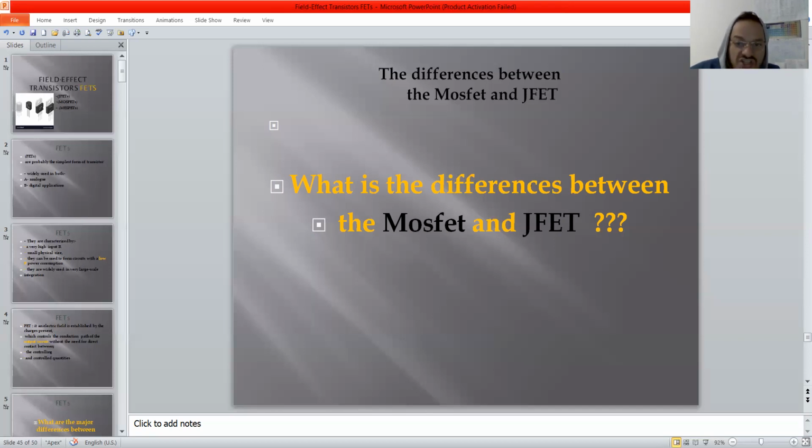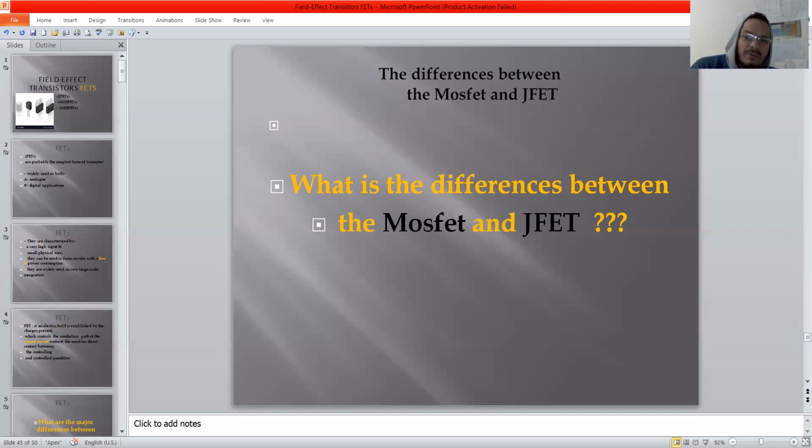Since the gate junction is always reverse biased, what does that mean? It means no current flows into the gate, and it acts like it is isolated. Sure, because no current can flow into the gate, it will be like isolated, as with the gate of the metal oxide semiconductor.